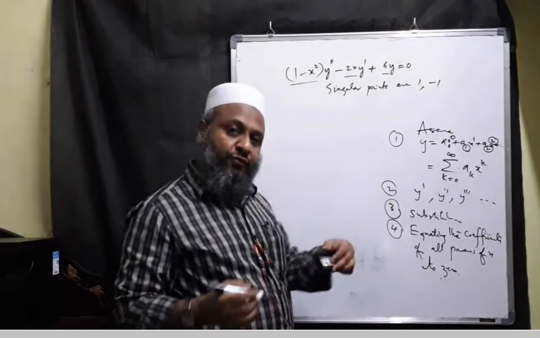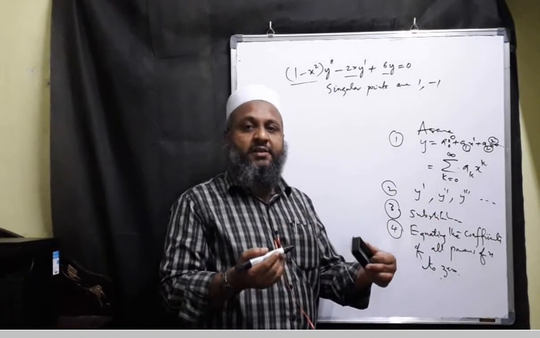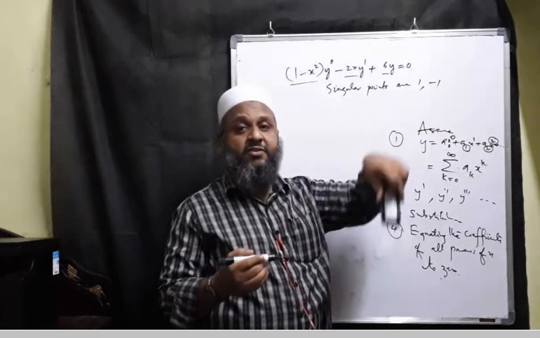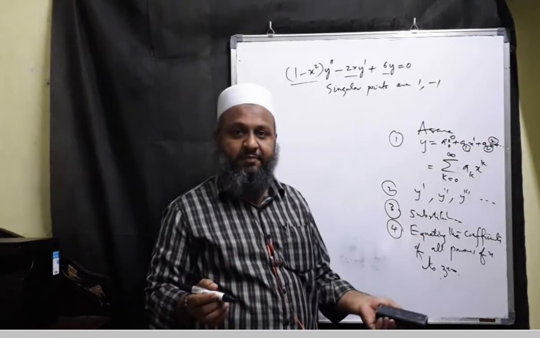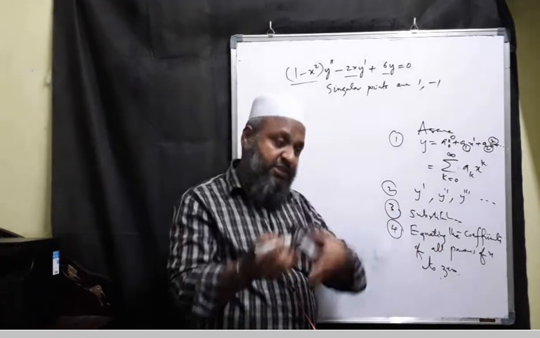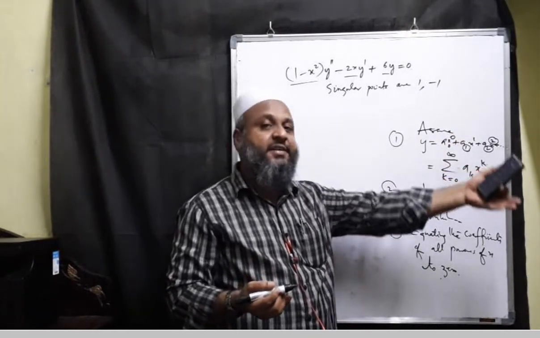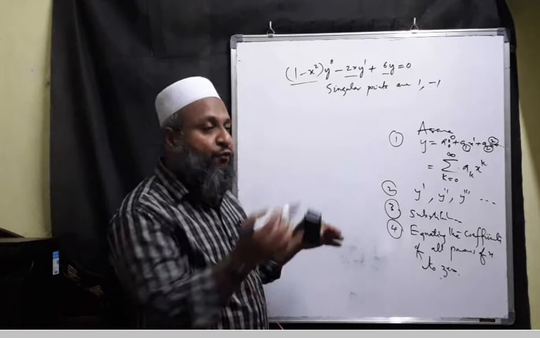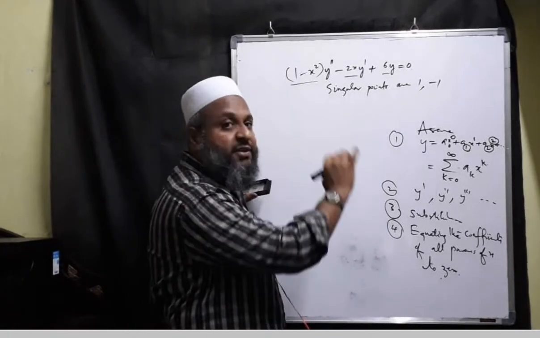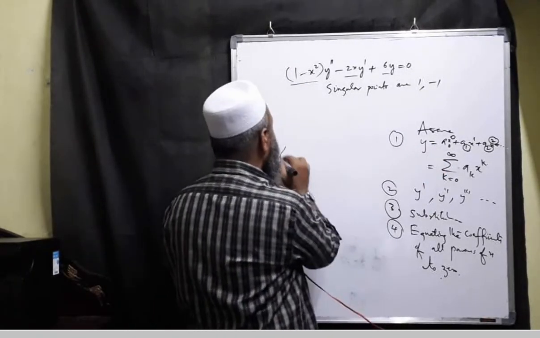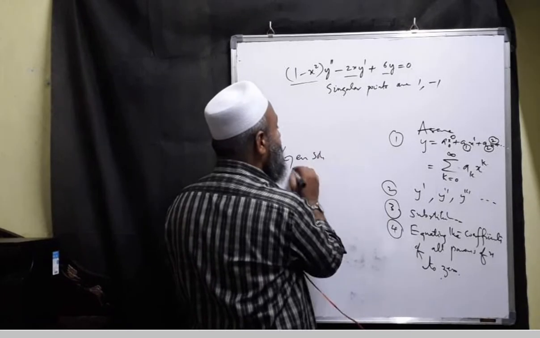Then some recurrence relations will come, that a2 depends on a0, a3 depends on a1, like that. From the recurrence relations you will get the coefficients of the later stage in terms of the previous stage. Finally, substituting that back into the assumed series, you will get the general solution.